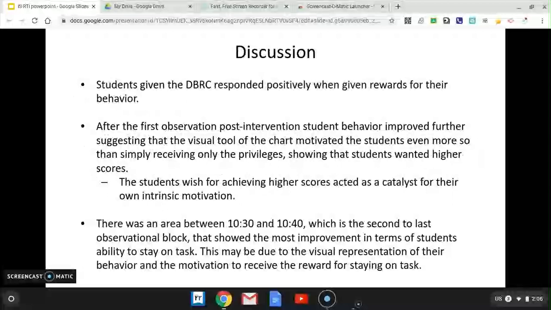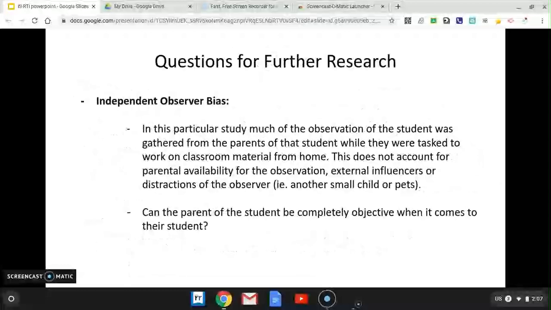Also, the area between 10:30 and 10:40, which was the second to last observational block, where the student was struggling the most, we saw an improvement in those scores during that time period. So the visual representation of the behavior and the motivation to receive a higher score as well as the reward for staying on task, probably played a major role in that improvement.